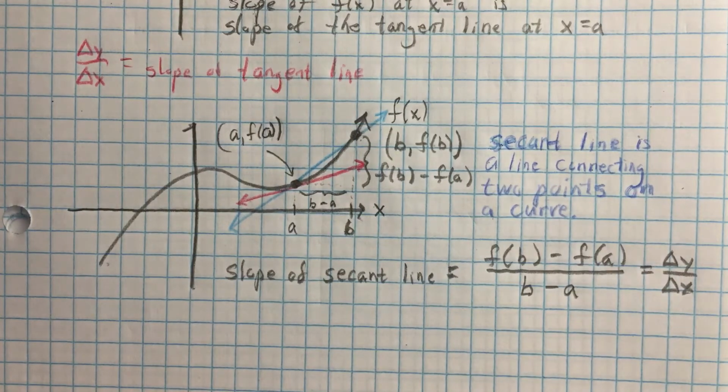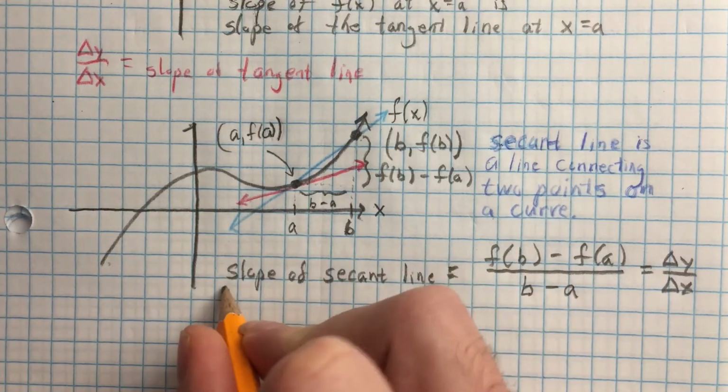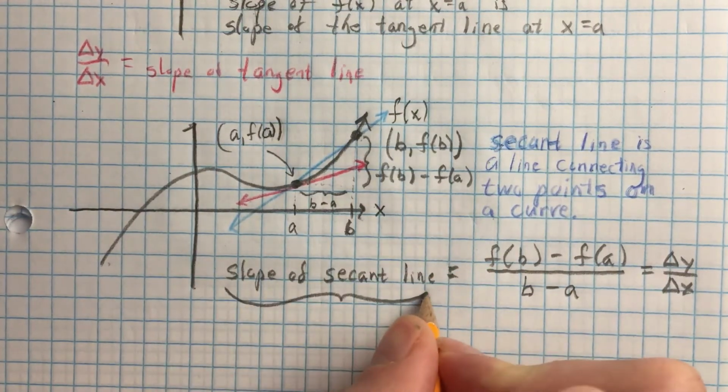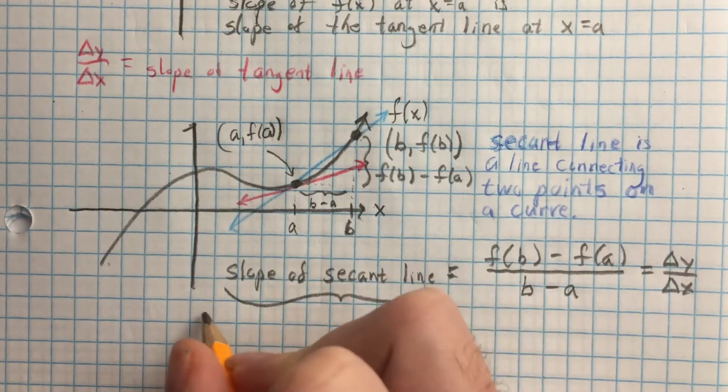This slope of the secant line also has a special name, and it's called the average rate of change of the function.